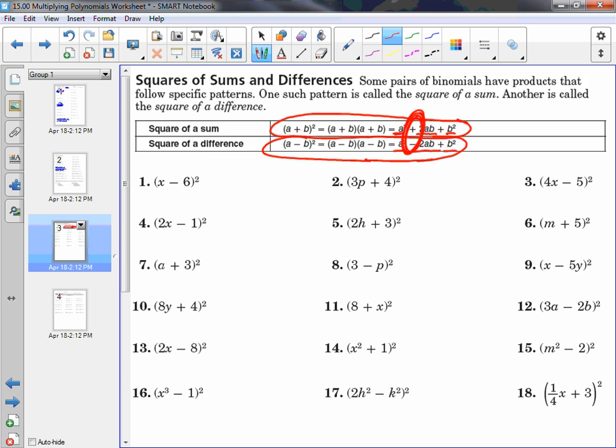And how do we know what sign goes right there? If the sign in your binomial is a plus, that's what goes as the sign of your middle term. If the sign in your binomial is a minus, that's the sign in front of your middle term. All right? So I use this all the time.